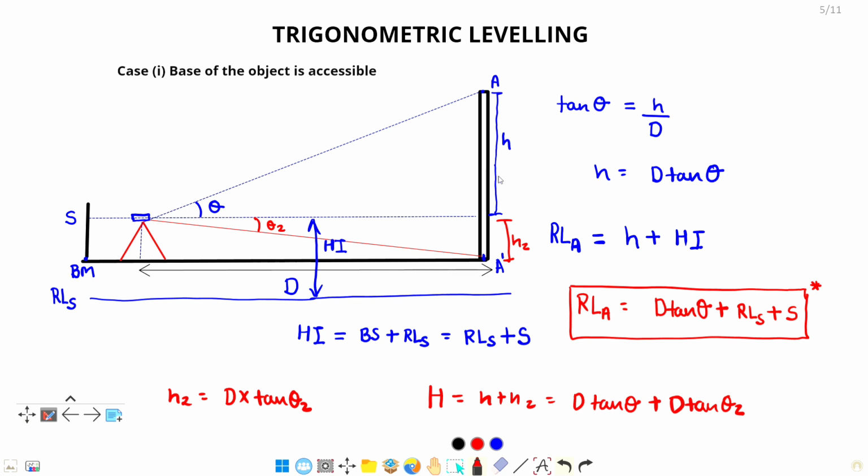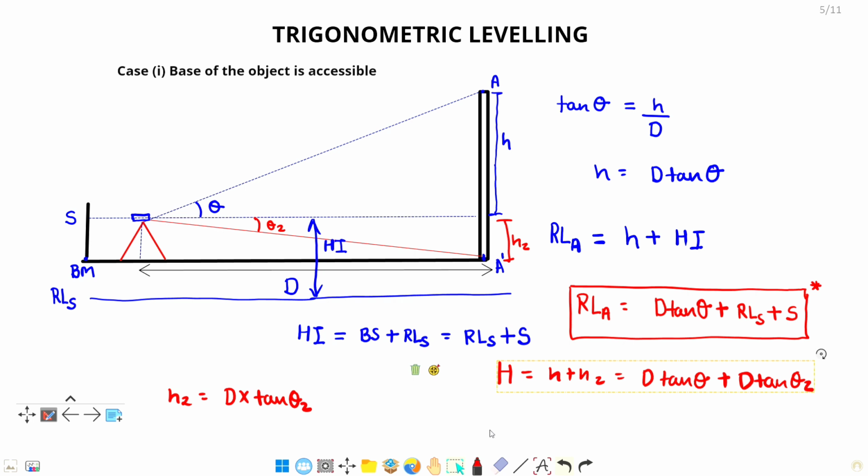You will just subtract the height of tower from the RL of A. I am writing it here. Hope you will get it. If someone asks you RL of A dash, it is RL of A minus height of tower H. So you can calculate it also.